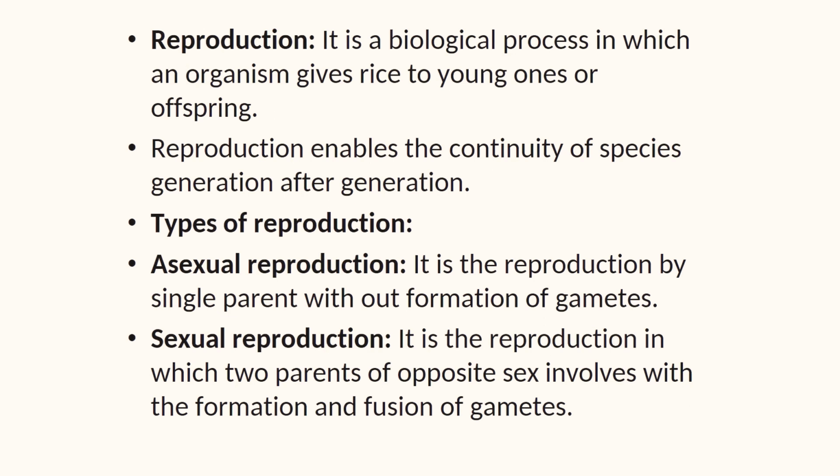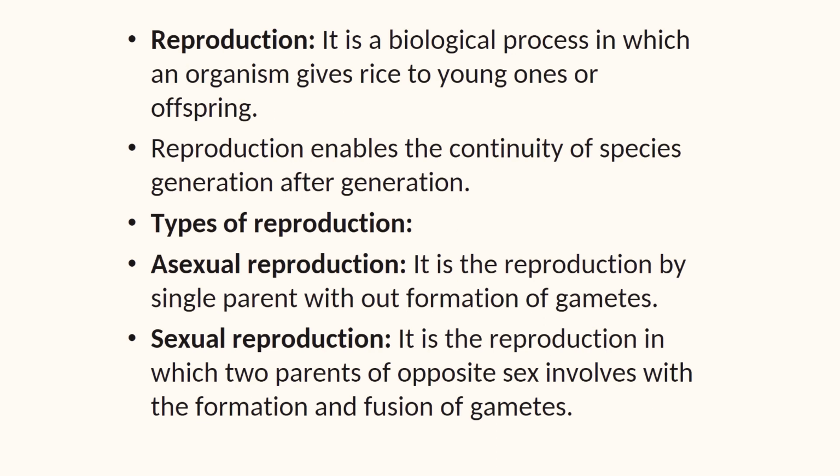Types of reproduction. Reproduction is normally of two types. First, asexual reproduction, and second one is sexual reproduction. Asexual reproduction is the reproduction by a single parent without formation of gametes, or asexual reproduction is the reproduction in which sexes are not involved.